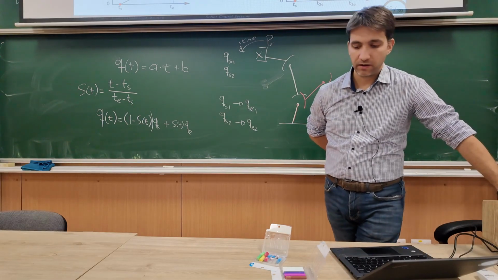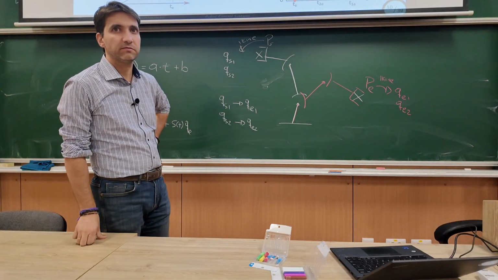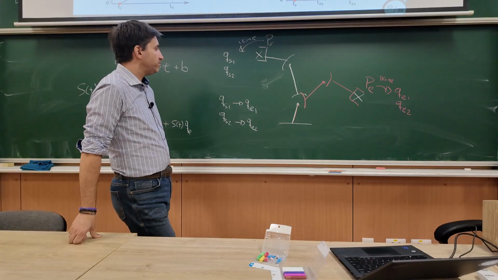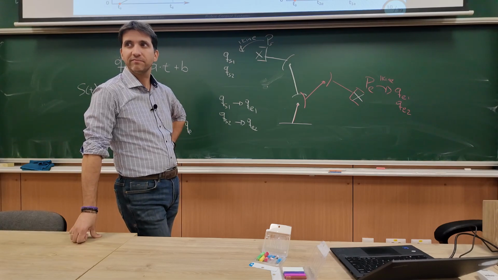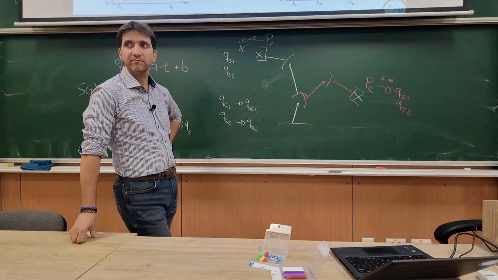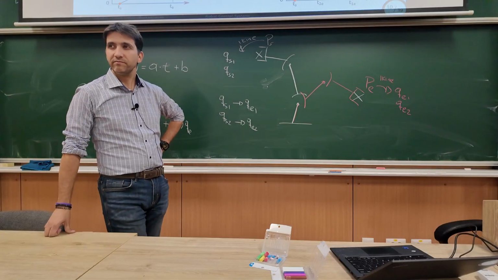Circular? Okay. Not on a line? Why not? It will move in the same way as the arm. For example, if the arm moves linear, the end effector also will move.